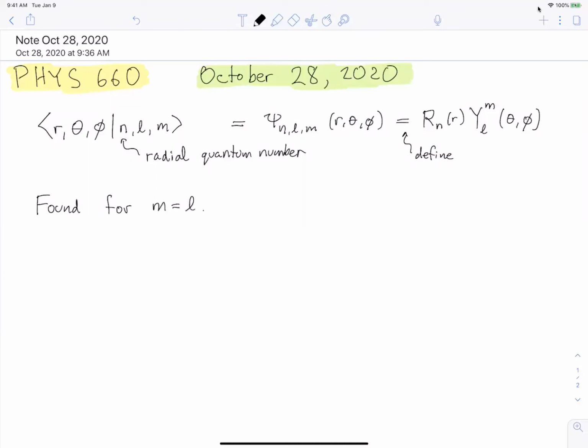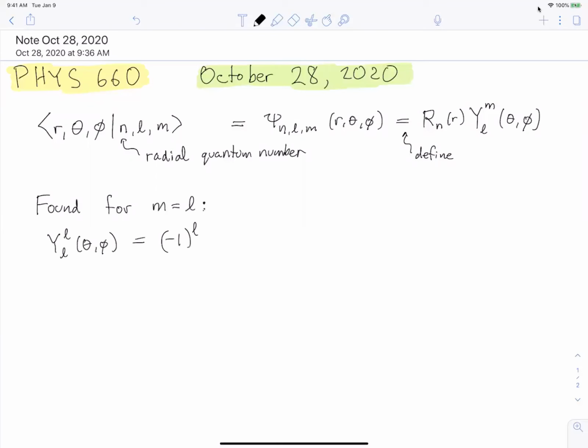And what we found was that YLL of theta, phi is an arbitrary phase factor, which is -1 to the L power. That's for later convenience.